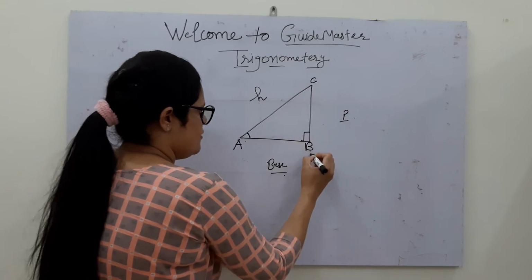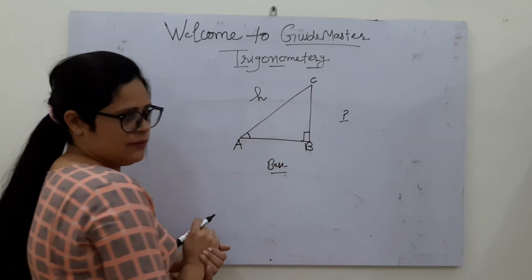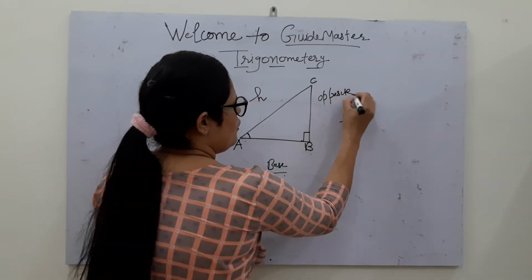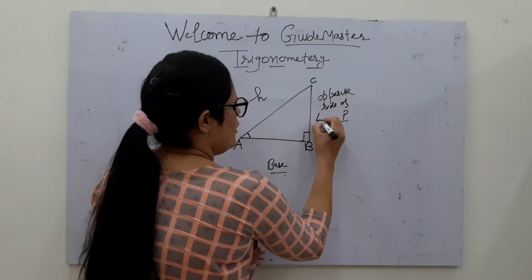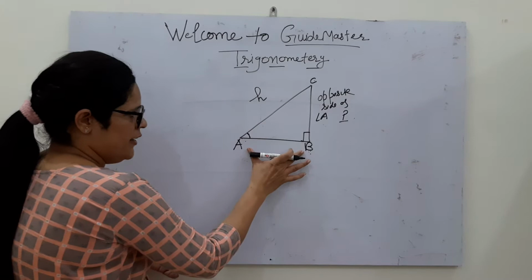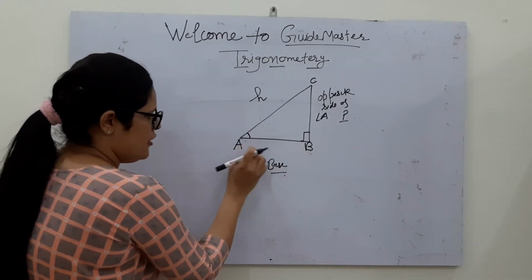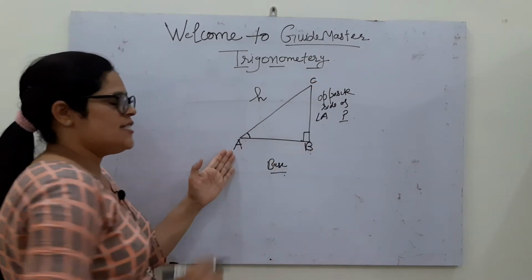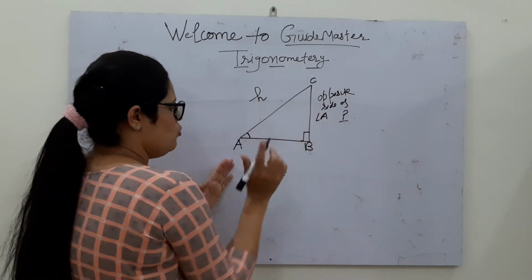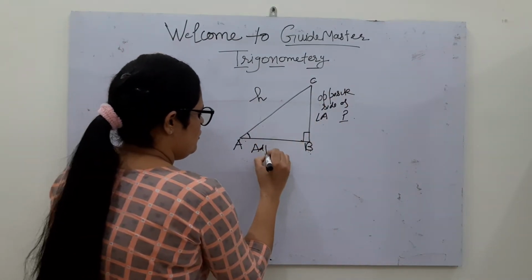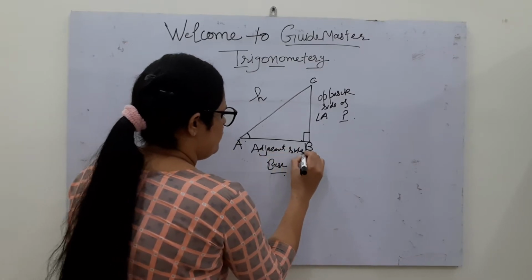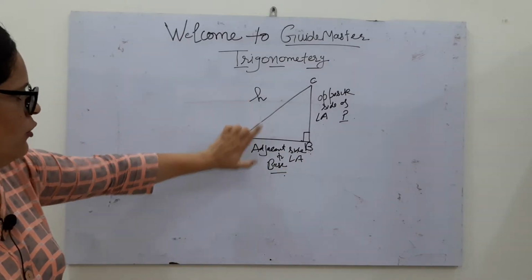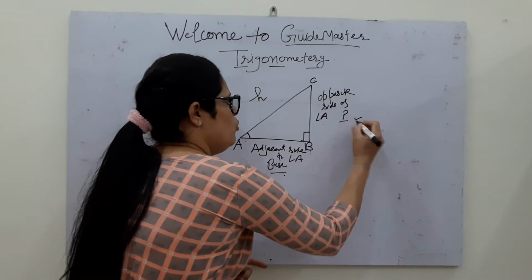This BC side is opposite to this angle A. We can say BC is the opposite side of angle A, and this AB side is the adjacent side to A. यानी कि AB side एंगल A के नाल लगी हुई है और BC side एंगल A के opposite है, उल्ट है। Adjacent side, angle A. Or simply you can say this is hypotenuse, this is base, this is perpendicular.